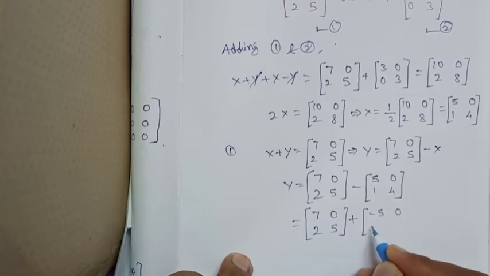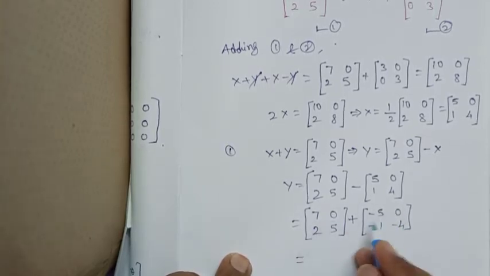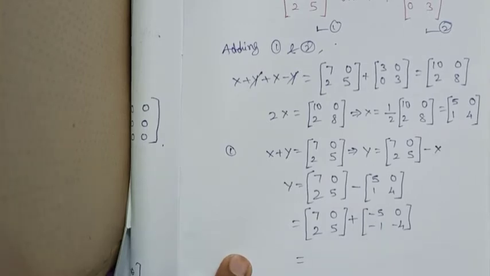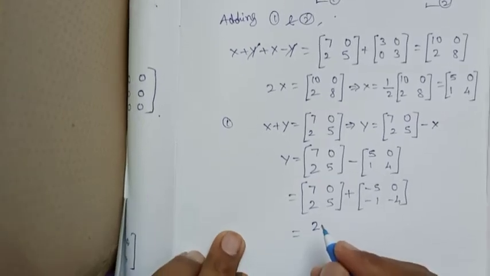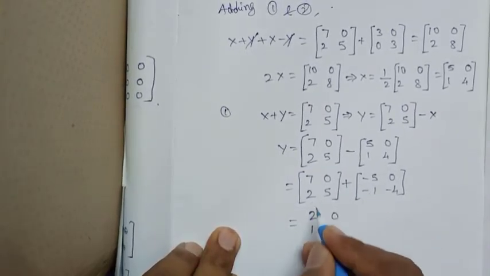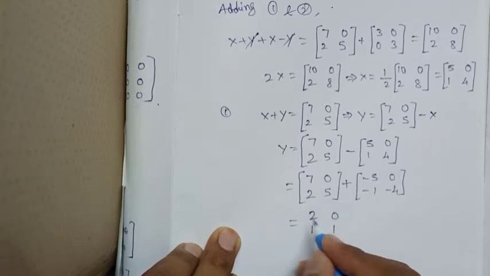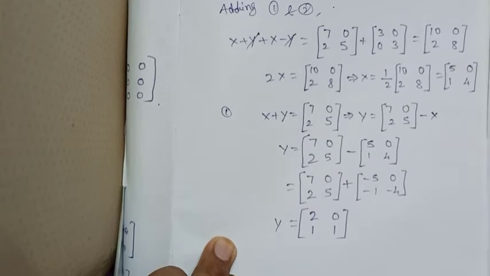Minus 5, 0, minus 1, minus 4. Now you directly add the corresponding elements only, don't consider the signs. 7 minus 5, we get 2, and 0 plus 0, 0, 2 minus 1, 1, 5 minus 4, this is also 1. So this is the matrix Y.